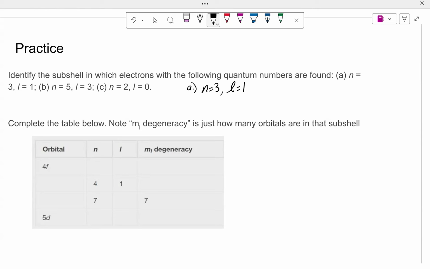Now, first of all, what does L mean? What subshell does that correspond to? That corresponds to the P subshell. So if I'm going to identify specifically that subshell, I'm going to say it is in the 3P subshell. 3 refers to n, the P refers to L.